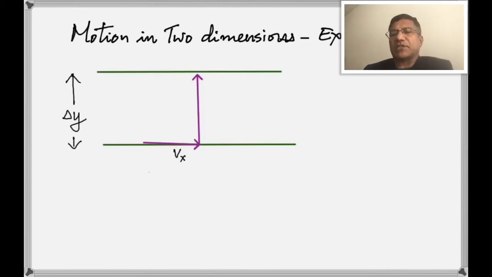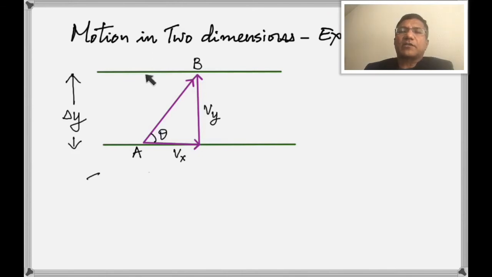There are some interesting calculations here, which I'm going to show you in a minute. So the boat starts from A, wants to go straight across, but ends up at B. So now, can you find the time it takes for it to go across? Yes, you can.